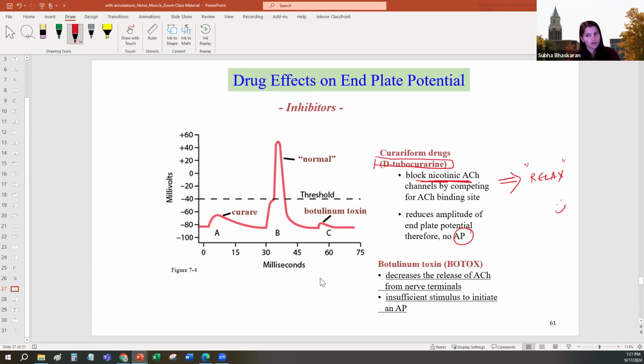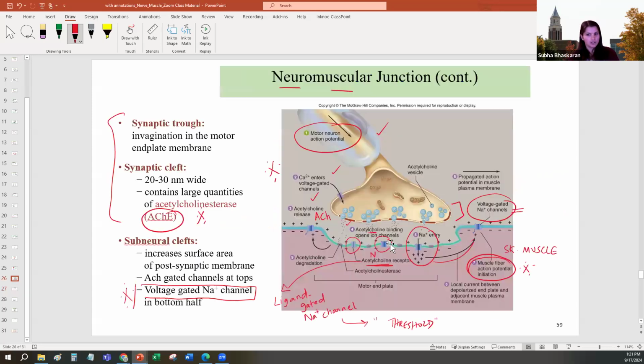So no contraction. Now, how many of you have heard of Botox? So Botox is also going to help with relaxing the muscle, yes or no? But the mechanism is different. The mechanism is to decrease the release of ACH from nerve terminals. Here, remember, the ACH is released, correct?